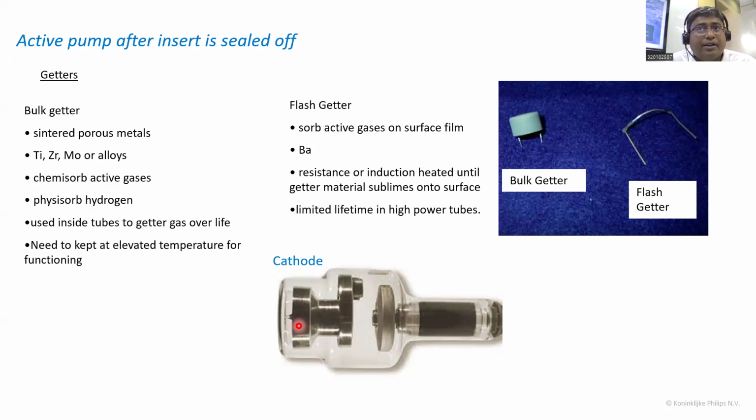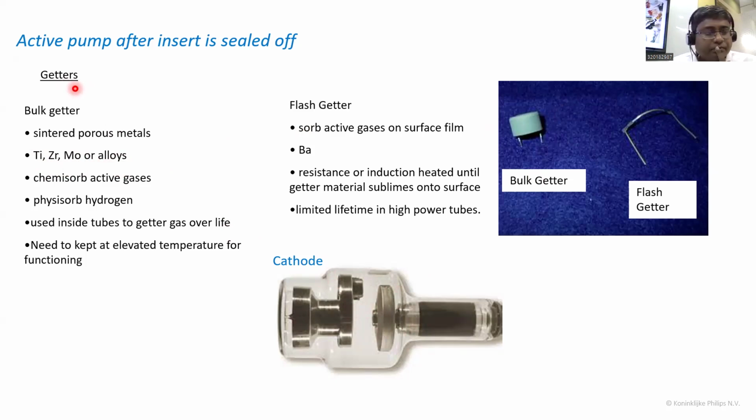You can say silica gel goes and absorbs the moisture, and this active pump, it's a chemical pump, so it emits some kind of powder of these materials, and it starts absorbing those gases. Hence again it brings back the pressure inside the device to the lower side. We call it a getter, we do not call it an active pump.